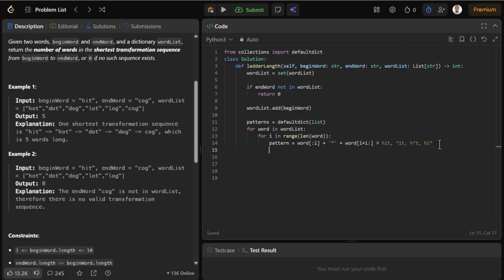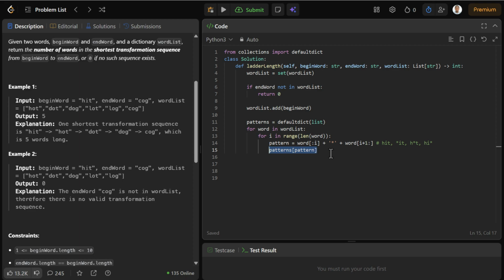So what do we do with them? Well, we are going to put them in this word list here. How do we do that? We just say patterns of pattern. Pattern here is just going to be one pattern here, then another pattern, and then another pattern. For each of those patterns, what is the importance of this?